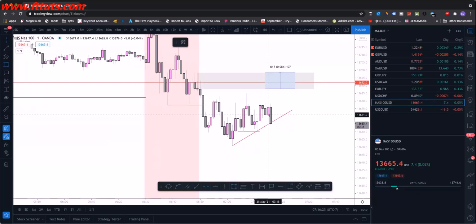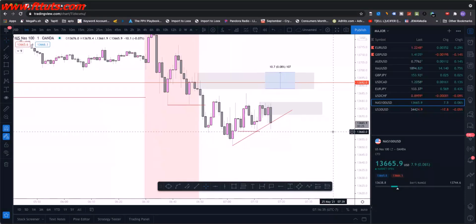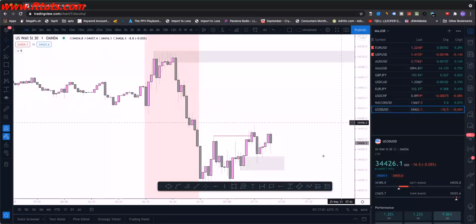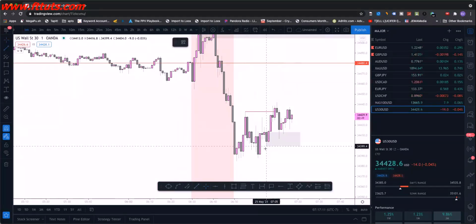Okay, so I'm just going to mark out this area from here to here if we close below this. You see how we're building a trend line right now?